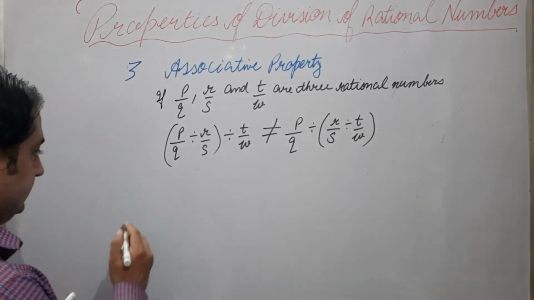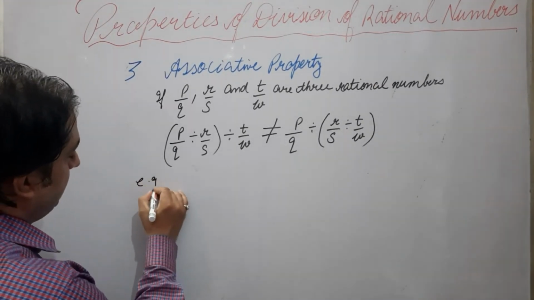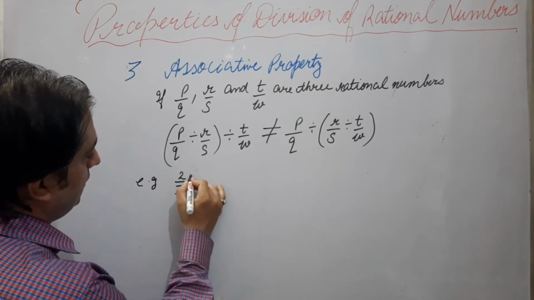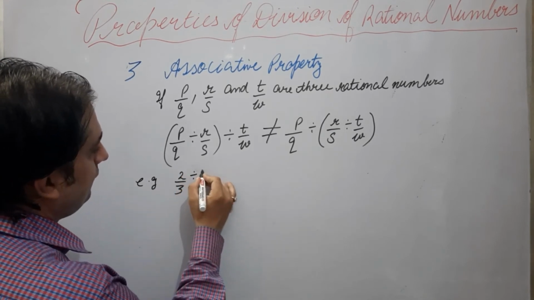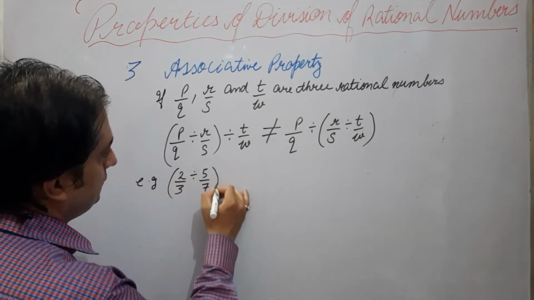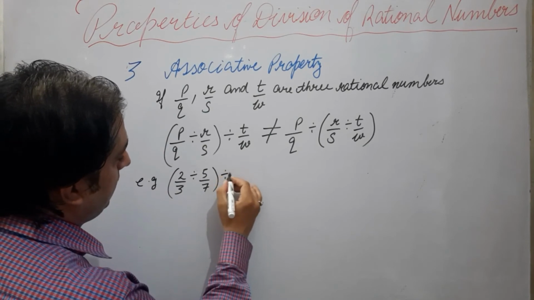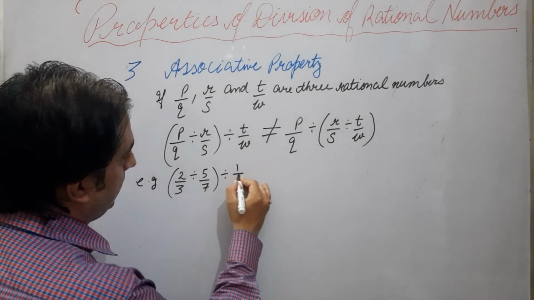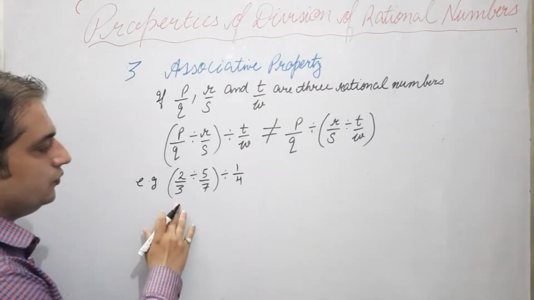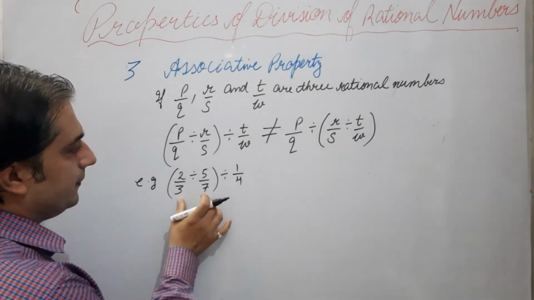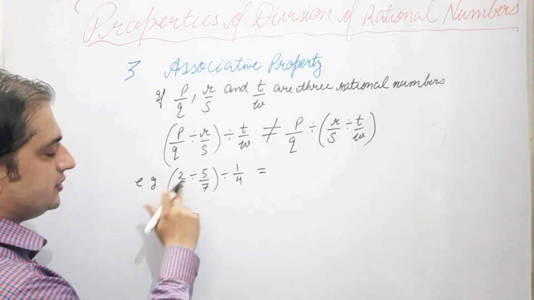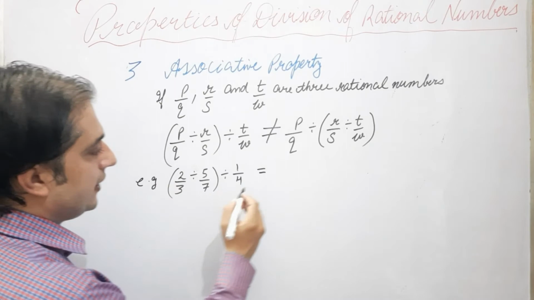If we take an example, let's see it. If I have three rational numbers, 2 by 3 divided by 5 by 7, to be divided by again 1 by 4. Firstly, solve the bracket. In the bracket there are two rational numbers, 2 by 3 divided by 5 by 7.